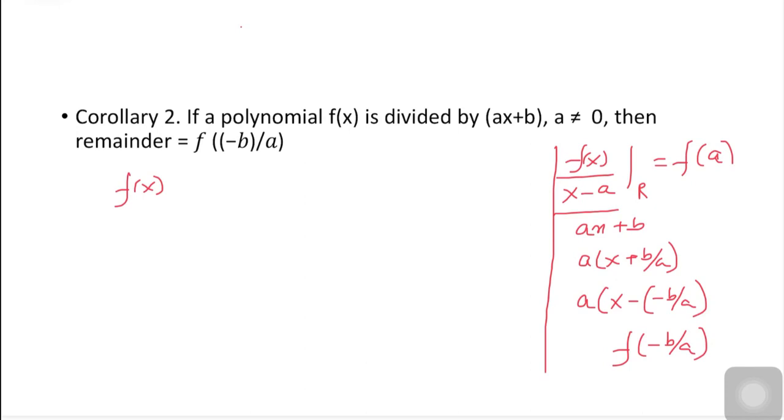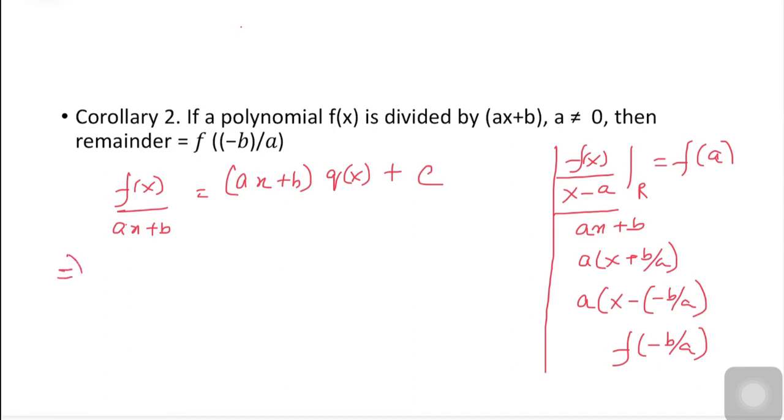Suppose any f of x, if we divide it by ax plus b, there will be a quotient. So ax plus b times some quotient, say q of x, plus there will be a remainder which is c.